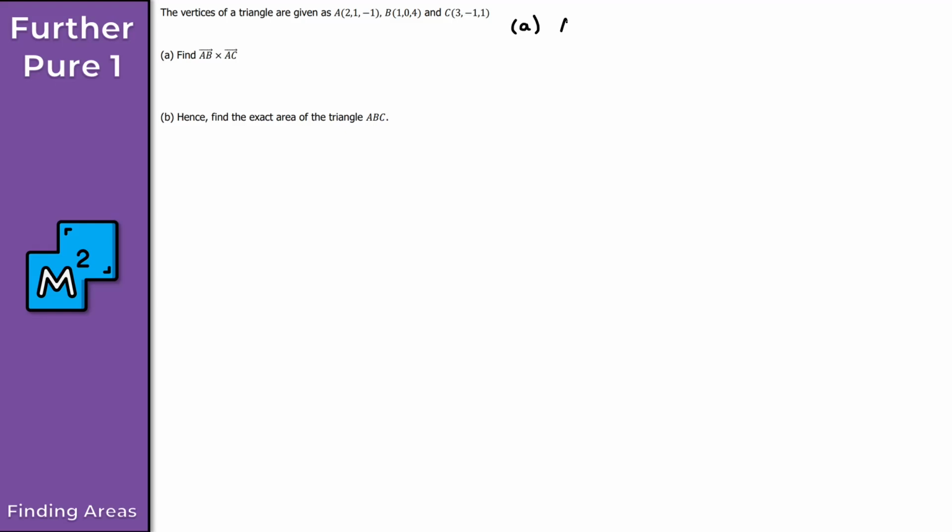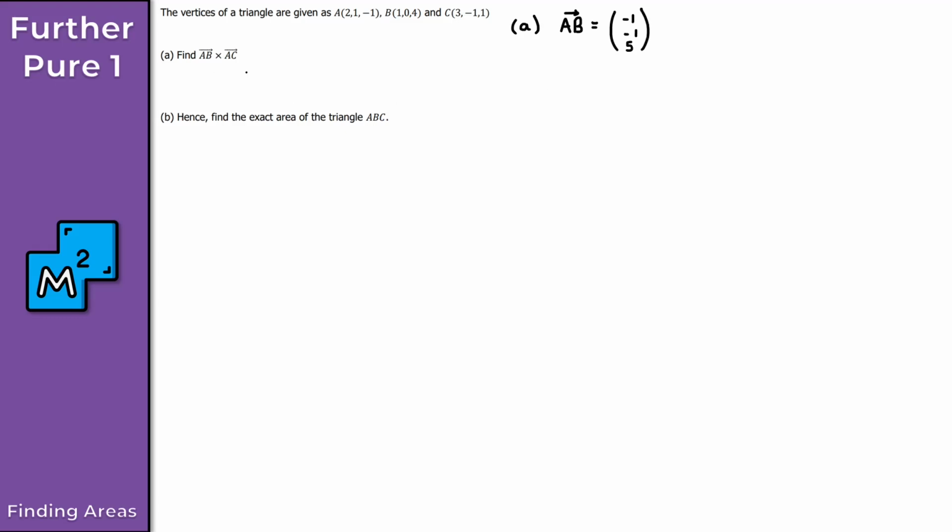Starting off with part A, for the vector AB, I'm going to give each vector in column vector notation. The vector AB would simply be B minus A. So I get 1 minus 2, that gives us minus 1. We then get 0 minus 1, so again we get minus 1. And finally, we have 4 minus 1, which is the same as 4 plus 1, so we get 5 there.